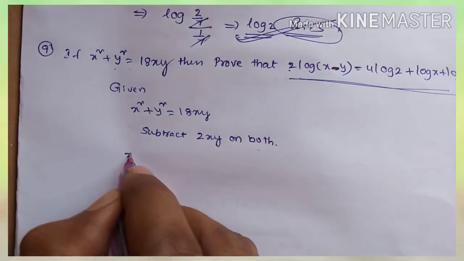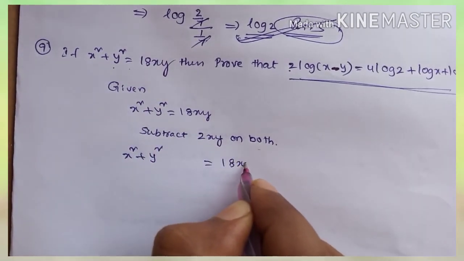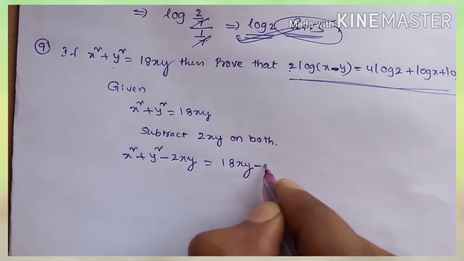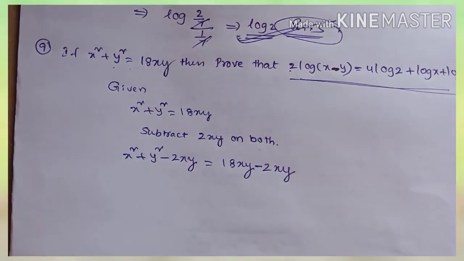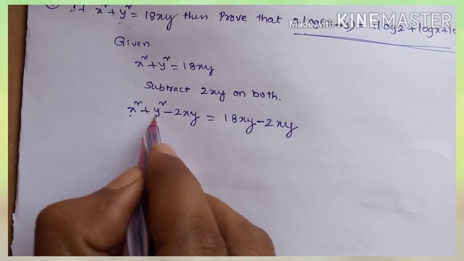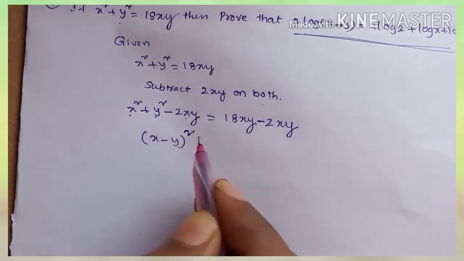Now x square plus y square is equal to 18xy is given. Here minus 2xy, subtract. Here also the same, minus 2xy. Okay, now a square plus b square minus 2ab you can write as (a minus b) whole square.